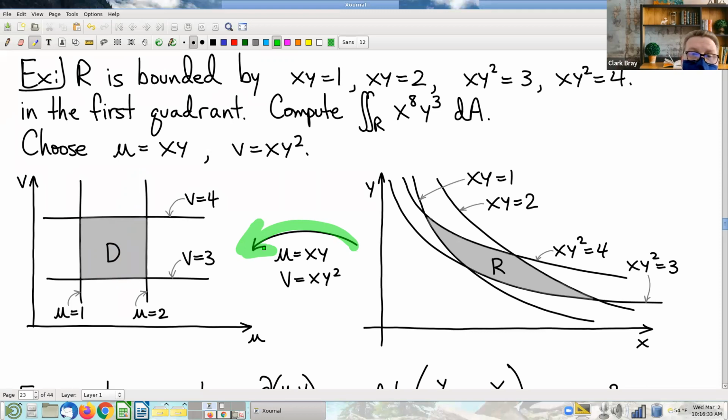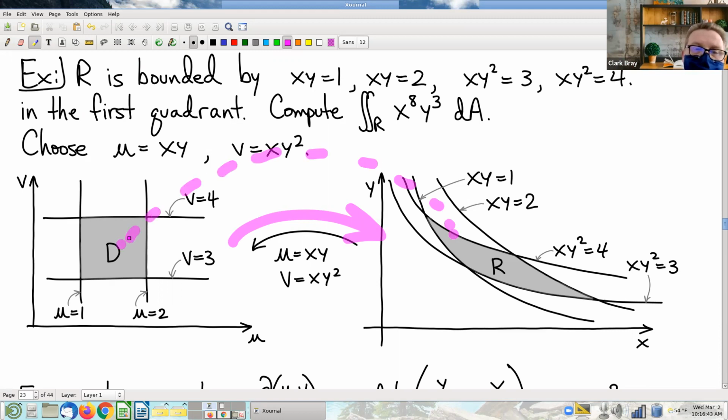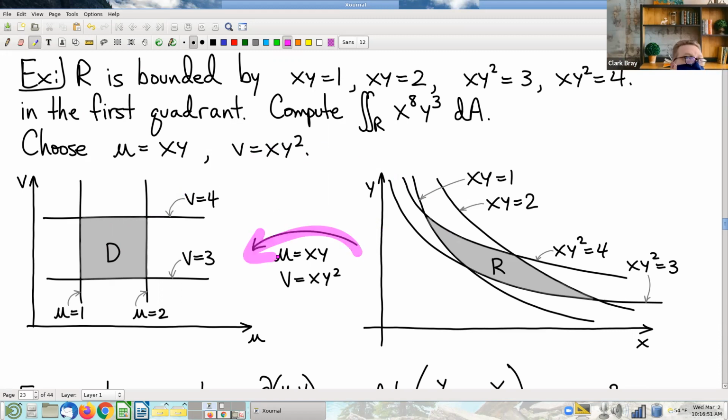In other words, I don't want to pull back through that, right? I want to pull back through a function that goes that way, so that pulling back will give me the new domain that I want. Okay, so this function is going the wrong way. That said, this function is really easy to write down. It's really easy to motivate.